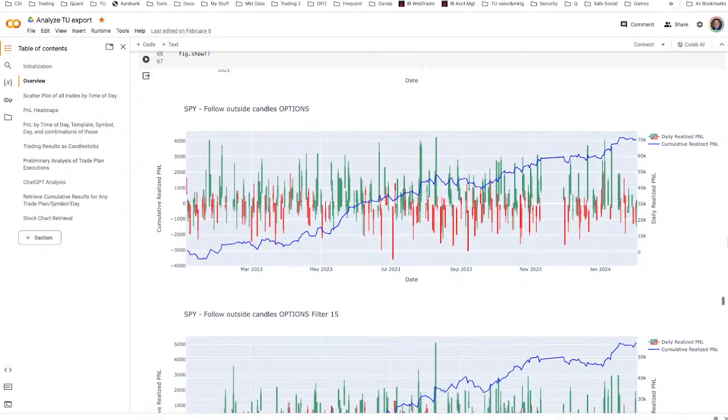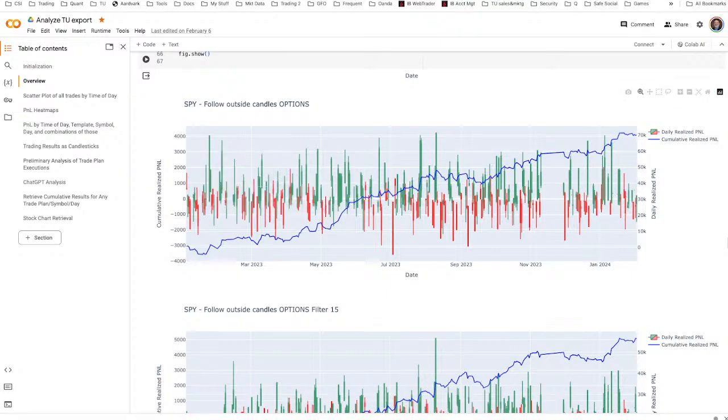Here we go. Okay, so each candle is a day, and each candle is the P&L, the profit and loss for that day, and it shows you the open, the high, the low, and the close of that day's P&L.